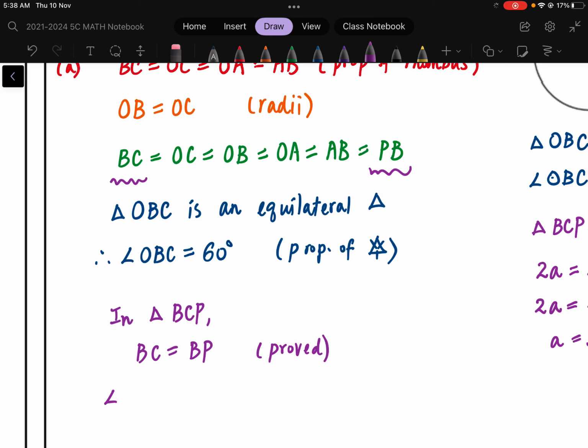So that means angle BCP equals angle BPC. So at this point, we actually have done the first part in part A.